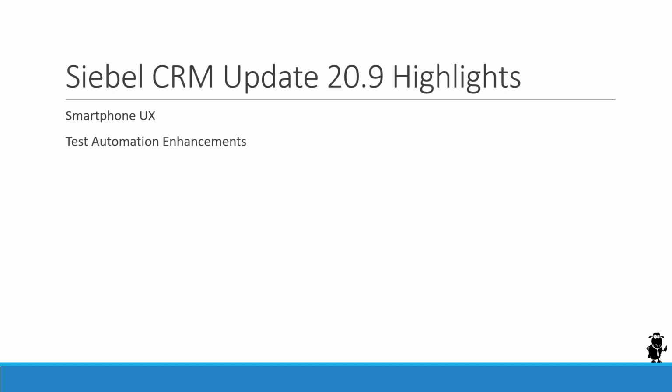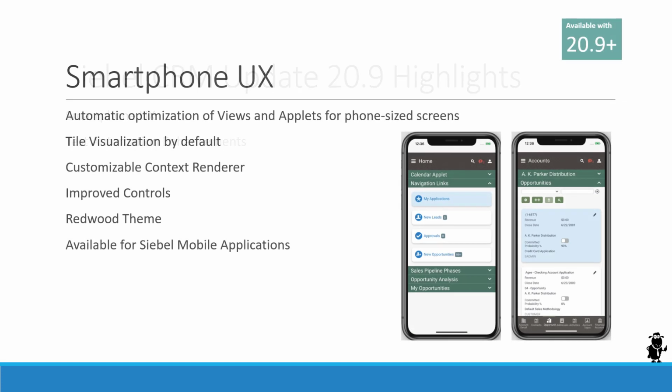In September 2020, Oracle delivered the following highlights: smartphone UX and automation enhancements for test automation. Smartphone UX is available for Siebel mobile applications in 20.9 and allows for automated optimization of views and applets for phone-sized devices.